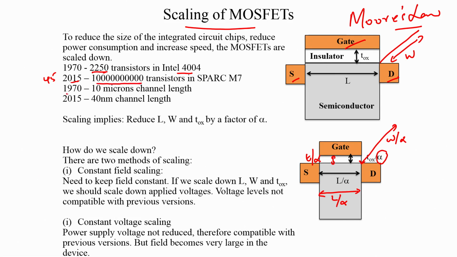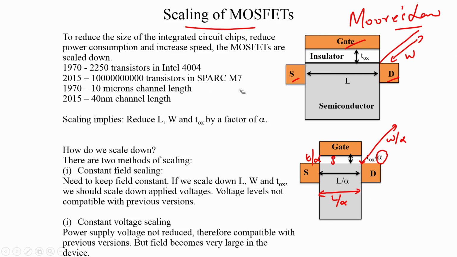The transistors in the 1970s had a typical channel length of 10 microns, and in 2015 the channel length of the transistor is about 40 nanometers. So, that is going down by 3 orders of magnitude in channel lengths. These kinds of advancements are possible by scaling down MOSFETs in a reliable manner.